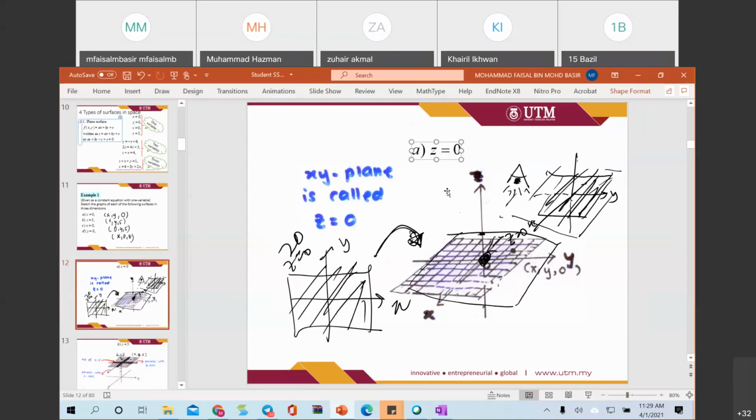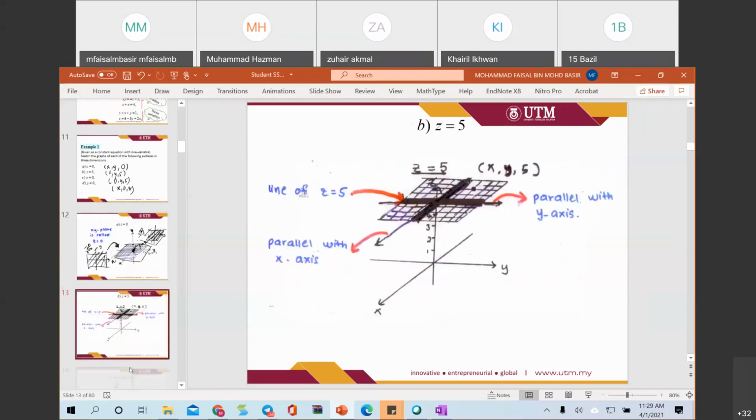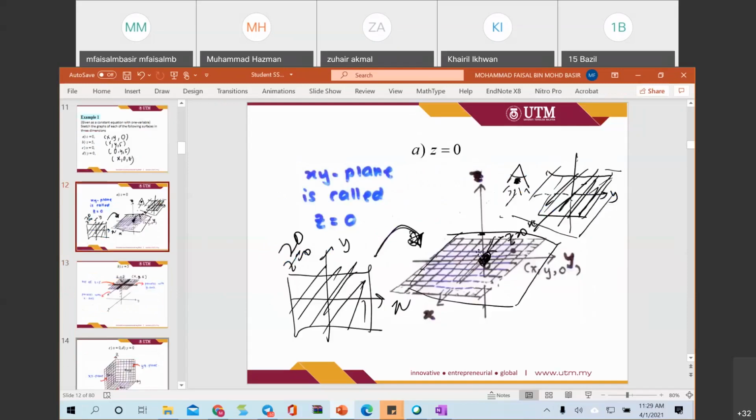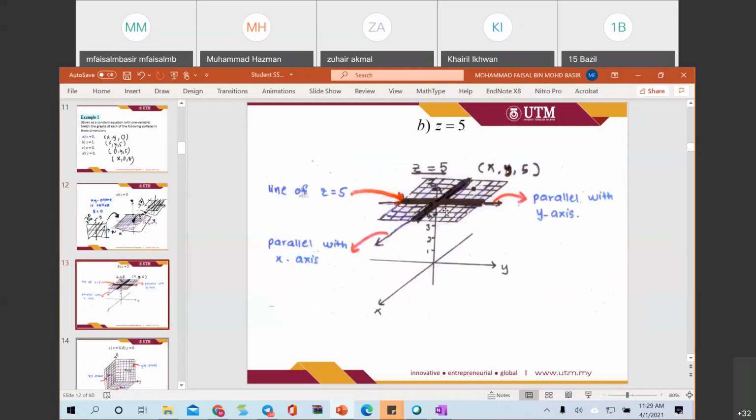So this is z = 0. What else? Oh, this is (x, y, 5), which is everything in X, everything in Y, but we shift this to z = 5. Just shift. And it is parallel to the Y-axis and parallel to the X-axis. Why? Because there is no x here, no y here. That is one of the formulas. If no x and no y is given here, the domain here, or we can say the surface here, is parallel to x and parallel to y. Don't get confused.